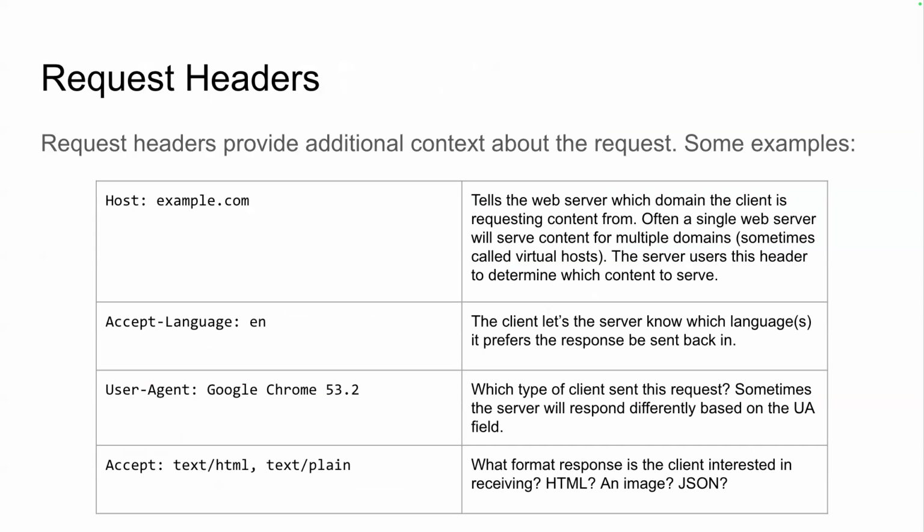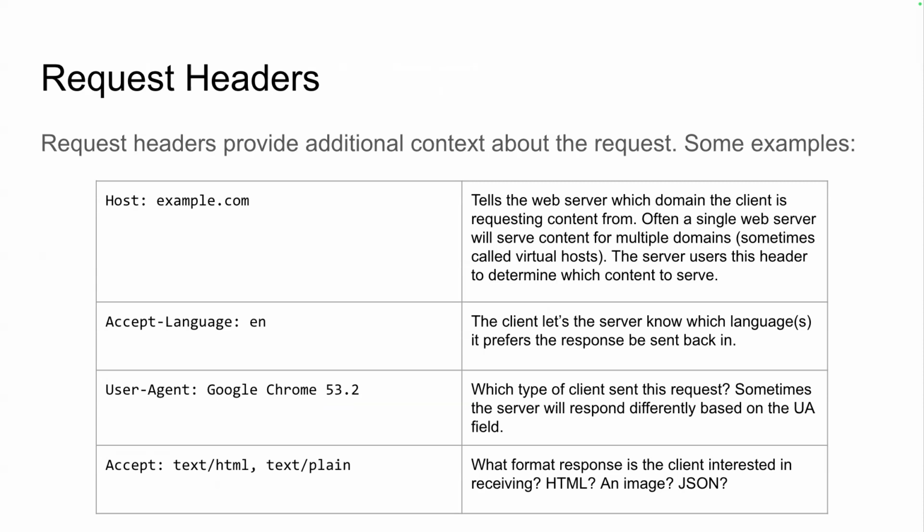Request headers provide additional context about the request. Some examples: Host, example.com, tells the web server which domain the client is requesting content from. Often a single web server will serve content from multiple domains, sometimes called virtual hosts. The server uses this header to determine which content to serve.